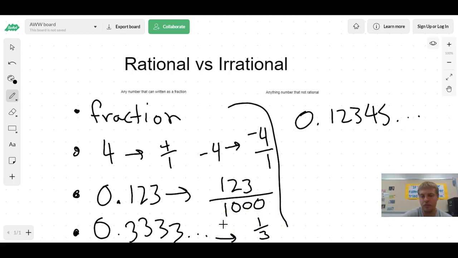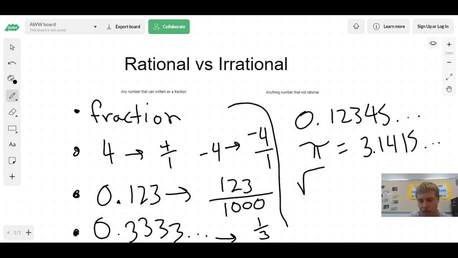Another example of this would be pi, because pi is like 3.1415, I don't know the rest of the digits, but it doesn't terminate and it doesn't repeat. Another example would be the square root of 27, because the square root of 27 is not a perfect square.